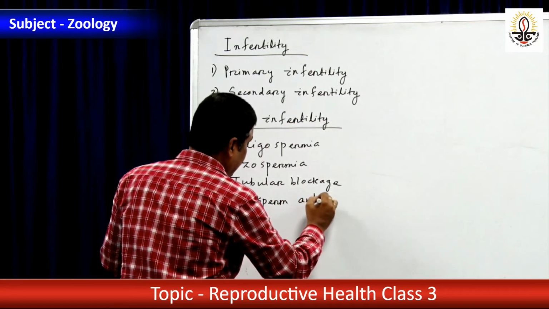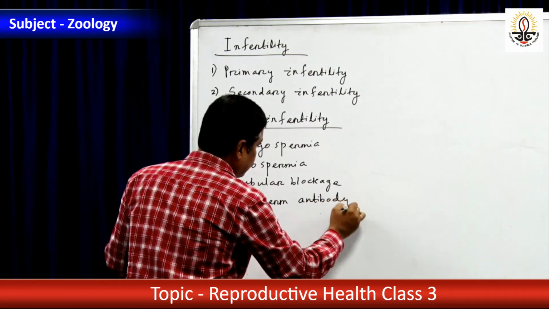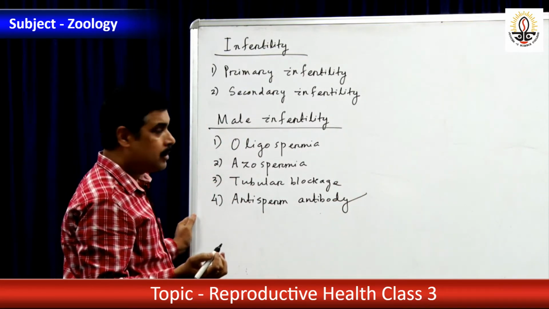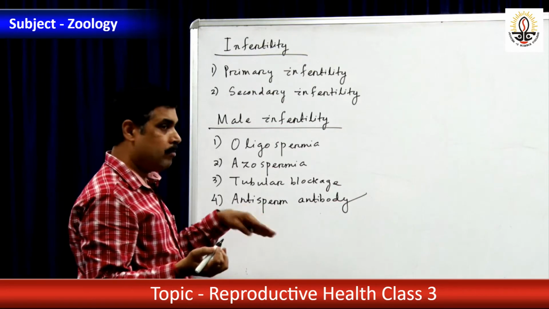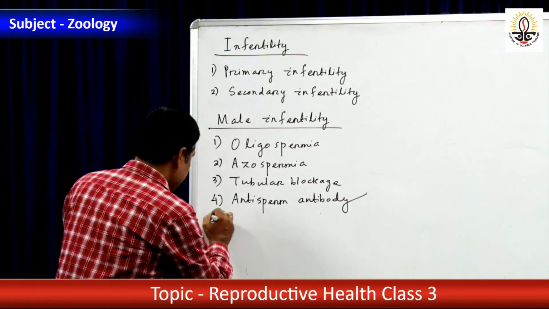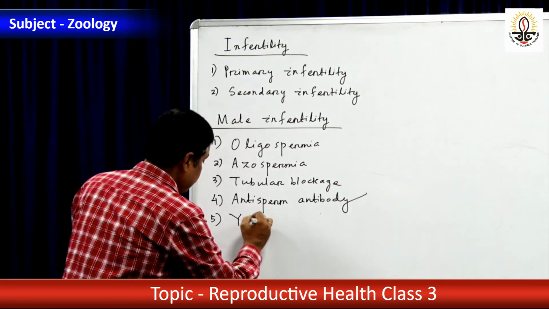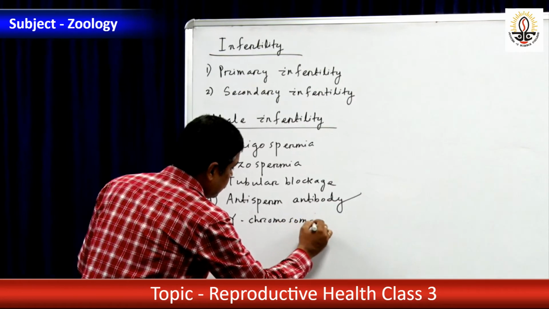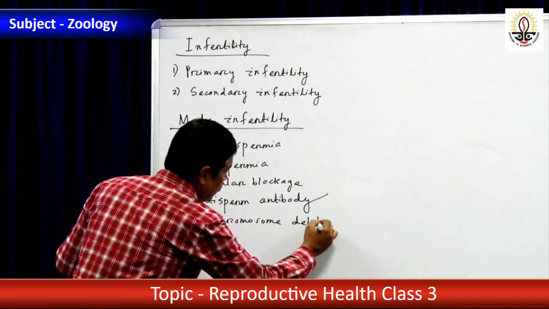Some antibodies have a retarding effect on the movement of sperm. Fifth one is Y chromosome deletion.